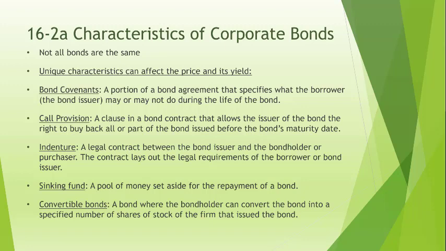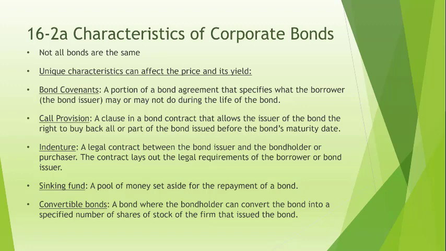First of all, we can have bond covenants. This is a portion of a bond agreement that specifies what the borrower, the bond issuer, may or may not do during the life of the bond. So a bond covenant can actually limit what the company does in terms of its actions during the life of the bond.